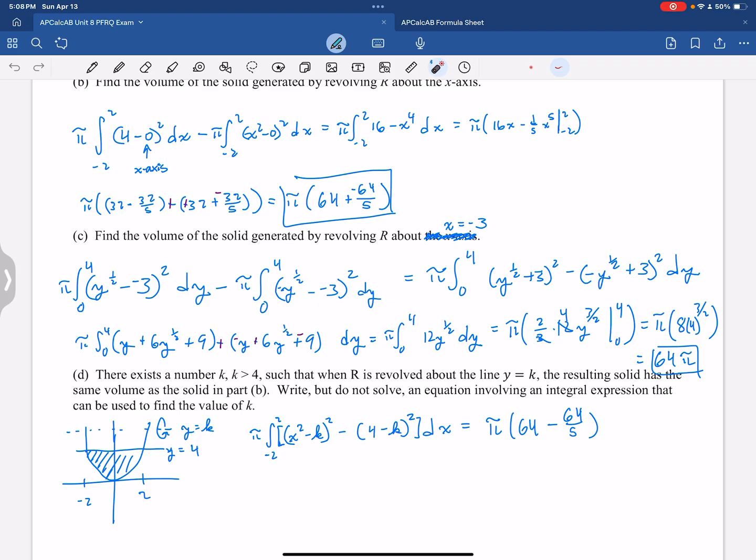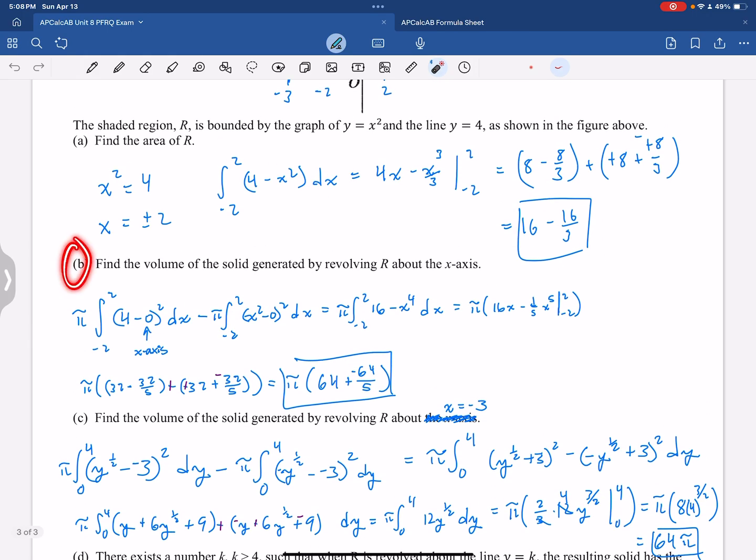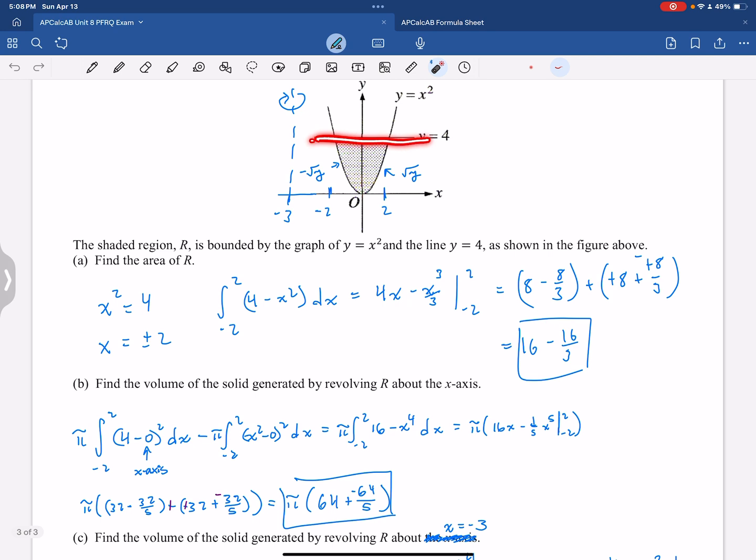because this says that k is greater than 4. And so we're revolving around this axis of revolution, which means this is my outer curve now. Before, up here for B, this was my outer curve because we were revolving around this axis of revolution.